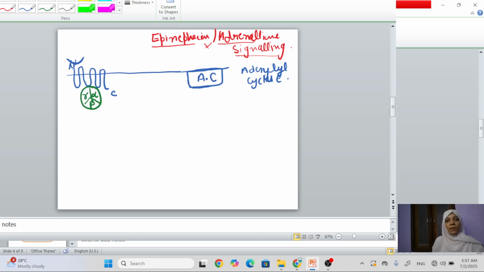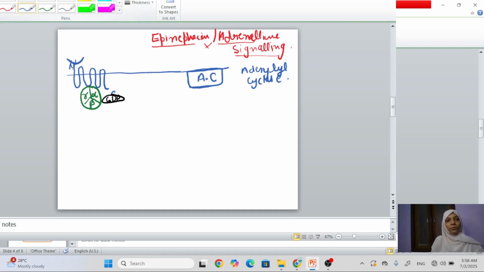This is the N-terminal. This is the C-terminal. This alpha subunit is bound with GDP. When the hormone is absent, this is the structure: the receptor, then the alpha subunit, beta subunit and gamma subunit.